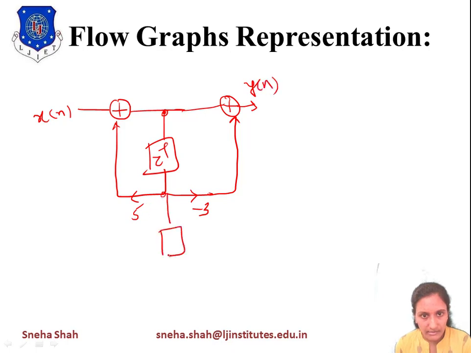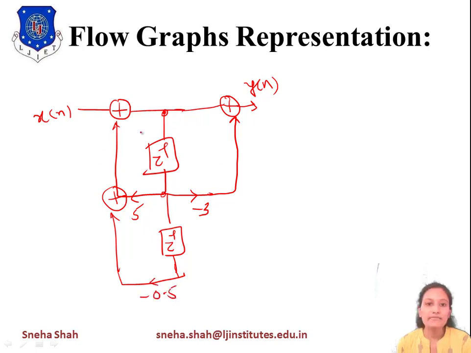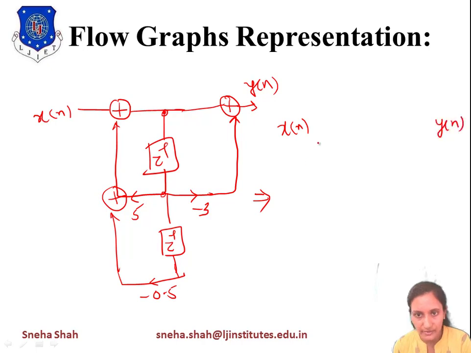From here if we take z inverse, suppose over here we take minus 0.5. Suppose I have taken this structure, it will be represented in terms of a flow graph as follows. Input x of n is as it is, output y of n is as it is.